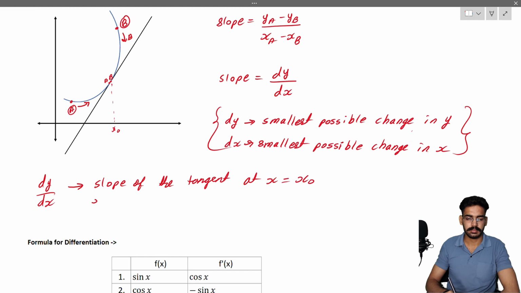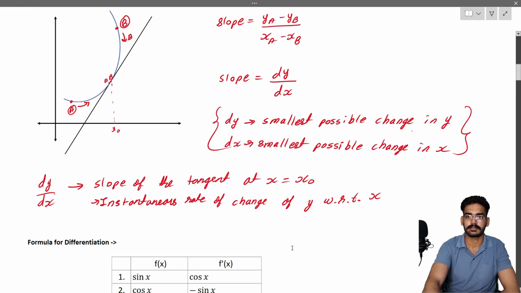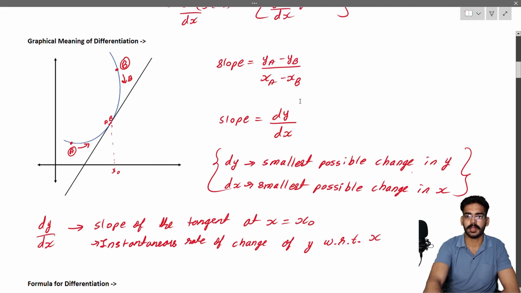Or I can say instantaneous rate of change of y with respect to x. See, if A and B are like this and we are drawing a secant and then calculating tan theta, this ya minus yb divided by xa minus xb is telling me the average rate of change.